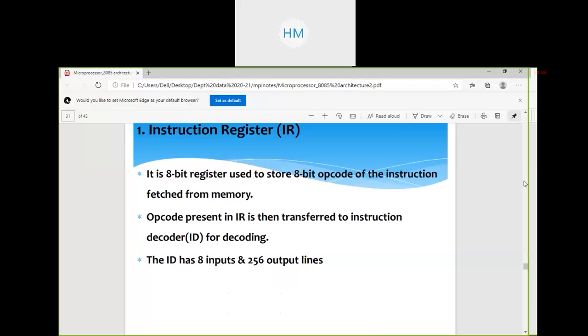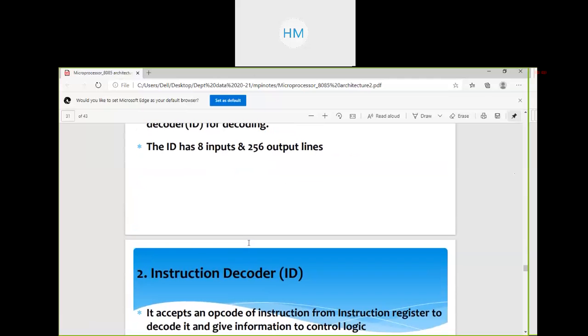The opcode present in the IR is then transferred to the instruction decoder for decoding. IR then ID. ID has 8 inputs and 256 output lines. So it can decode 256 instructions. There are 8 input lines, so 2 to the power 8 is 256. So it has 256 output lines.